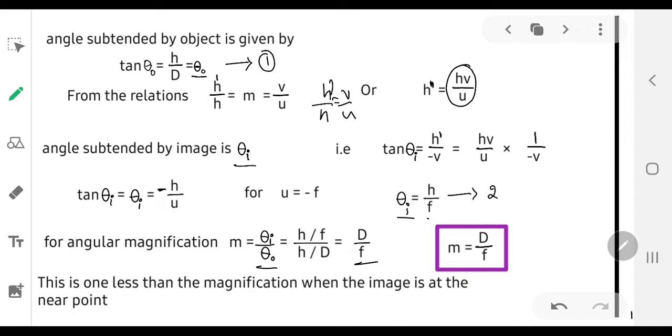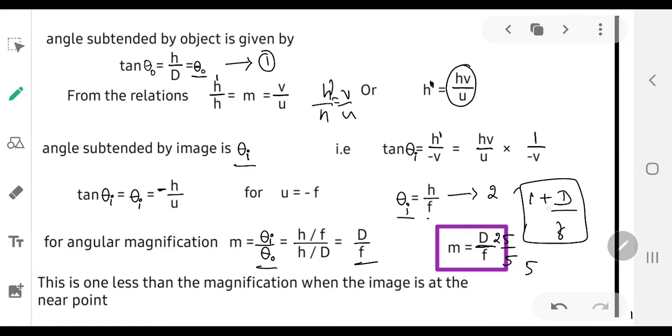So the magnification caused by the simple microscope when the image formed is at infinity is d by f. When the image is formed at the closest approach of distinct vision, it is 1 plus d by f. Compare these two equations. In the case of a relaxed eye, if d value is 25 and the simple microscope has a focal length of 5 centimeter, the magnification caused will be 5.